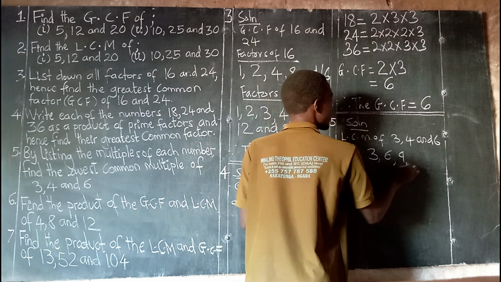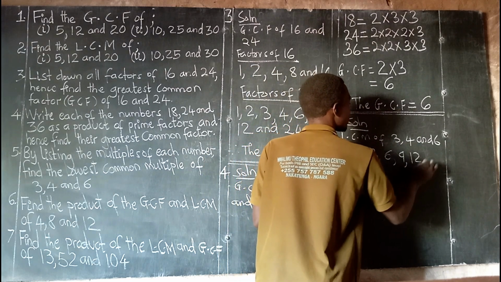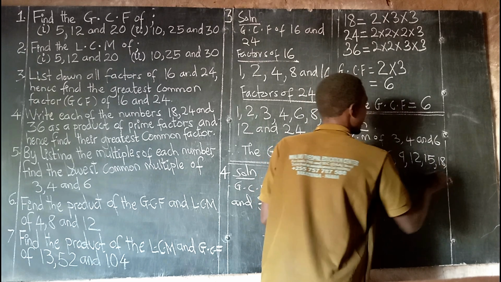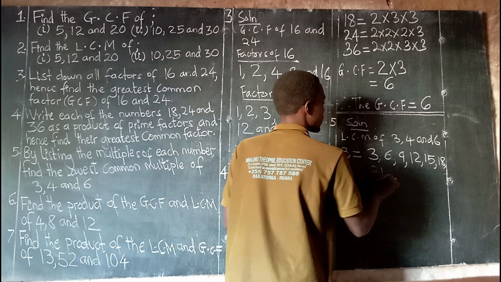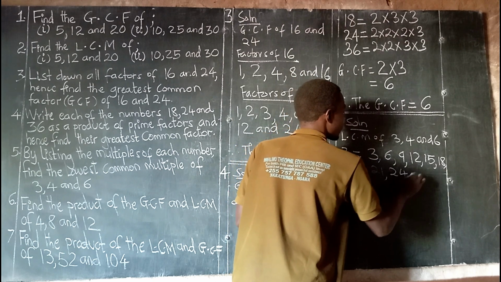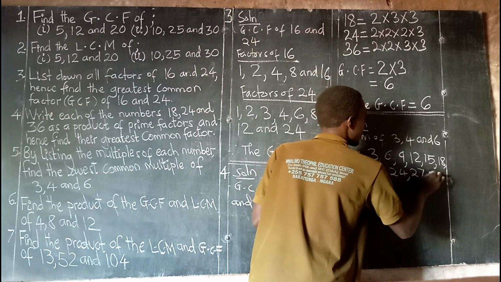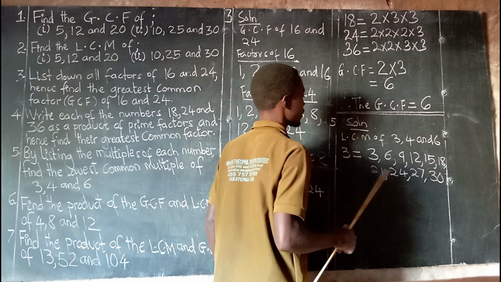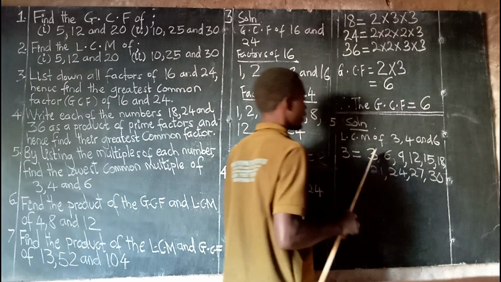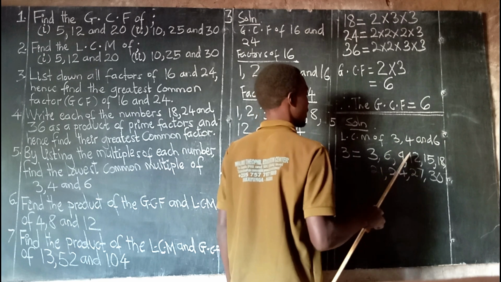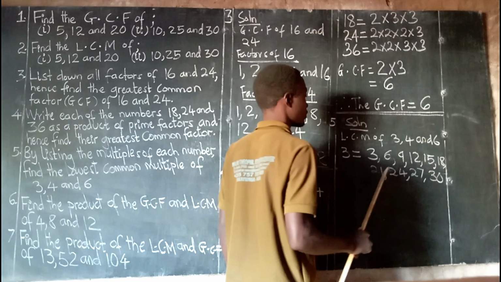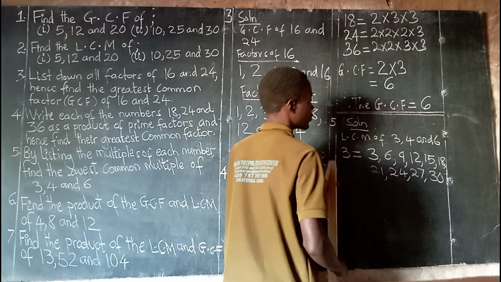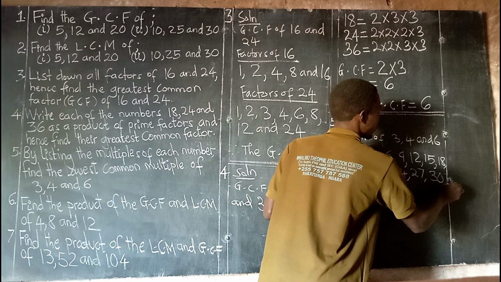So here 9 plus 3 we get 12, plus 3 we get 15, plus 3 we get 18, plus 3 you get 21, plus 3 you get 24, plus 3 you get 27, plus 3 you get 30, and so on. It means that the multiples of 3 are continuing. So you have 3, 6, 9, 12, 15, 18, 21, 24, 27, 30, and so on.